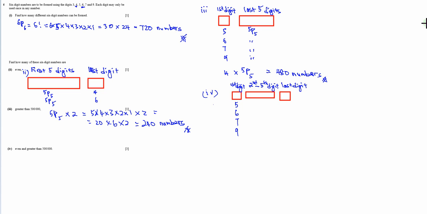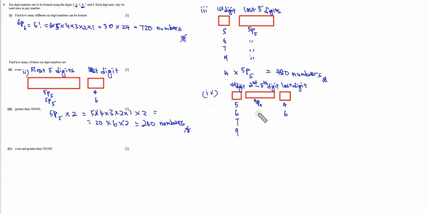Now what about the last digit? The last digit, for it to be even, is 4 and 6. Now what about here? Basically you have 4 remaining, since 1 you put here and the second one you put here, so you're left with 4. I have to take this 4 and arrange in a row.